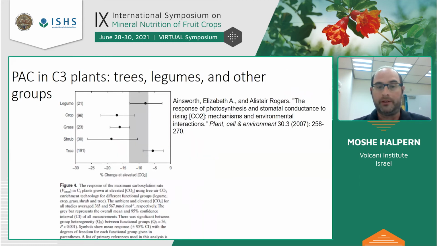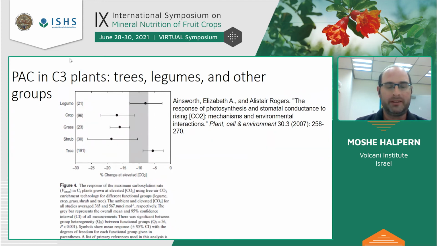I didn't work with any of these other things, but photosynthetic acclimation occurs also in trees and legumes and other plants as well. This is a meta-analysis by Elizabeth Ainsworth from 2007, and she found that different plants are affected in different amounts. This is the VCmax that we were talking about before, and how it's affected by elevated carbon dioxide.